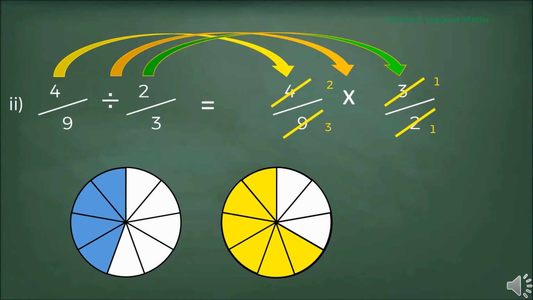Well, since we're trying to fit 6 slices of yellow into 4 slices of blue, only 4 of those 6 yellow slices can fit because we have 4 blue slices. So only 4 out of 6, or 2/3 of the yellow, can fit into the blue. Therefore 4 over 9 divided by 2/3 is equal to 2/3, which we showed above with our multiplicative rule.